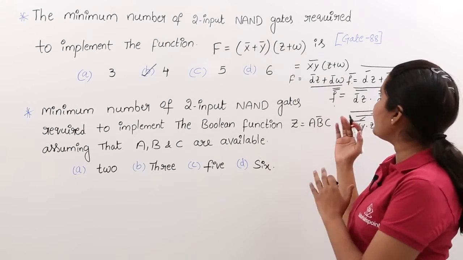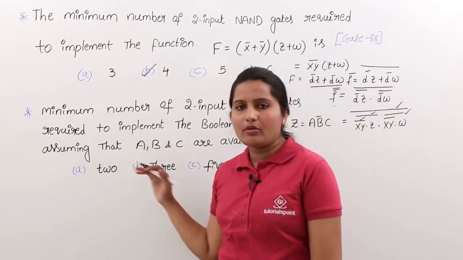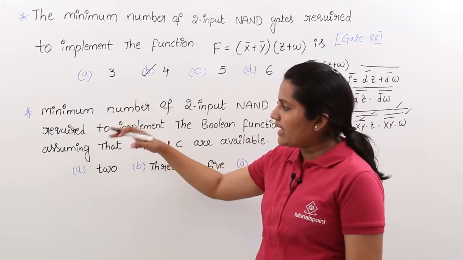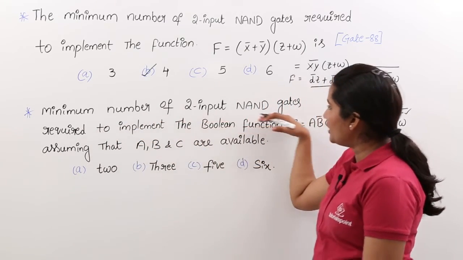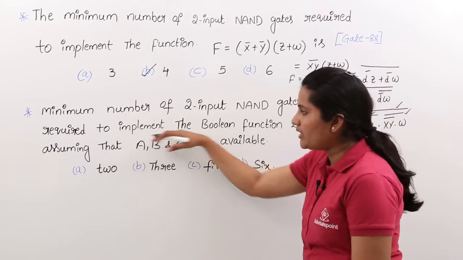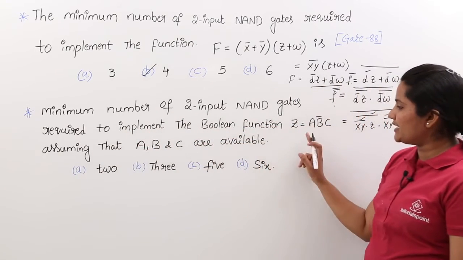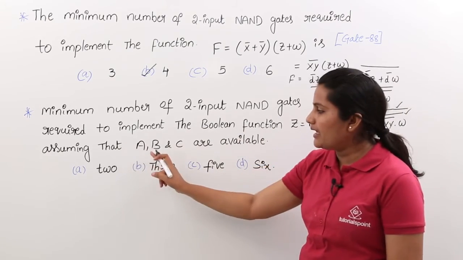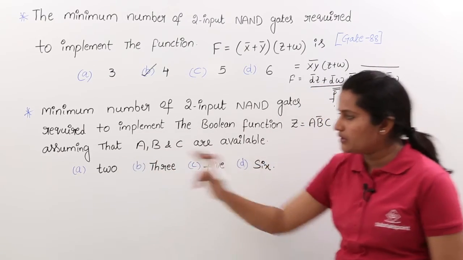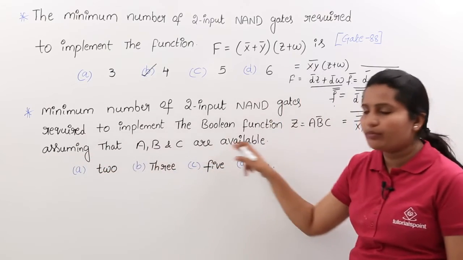This came in GATE 88. So I am giving a similar problem here. Like this you may also get problems in GATE: the minimum number of 2 input NAND gates required to implement the Boolean function Z is equal to A, B bar, C, assuming that A, B and C are available. This point is very important.